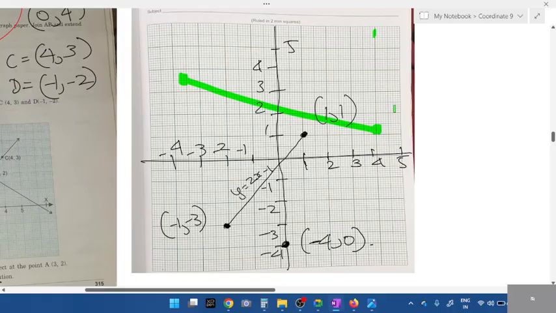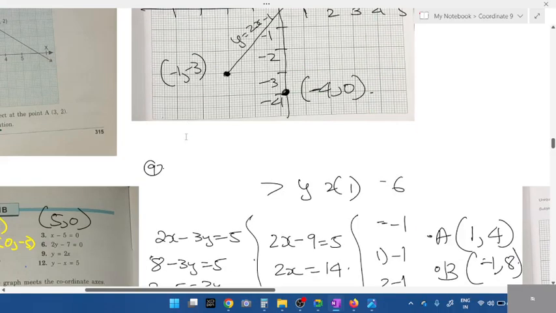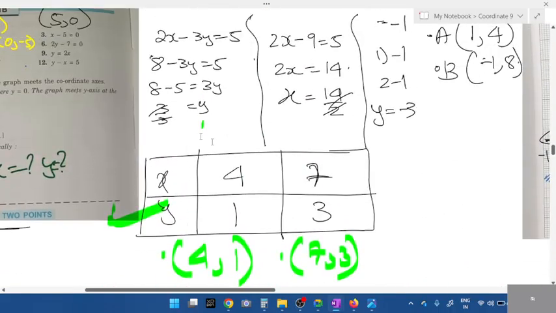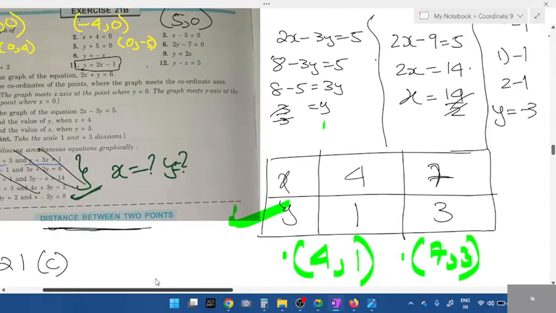Is it clear? All of you understood? Shall we try the next exercise? Yes. Okay, just complete this.